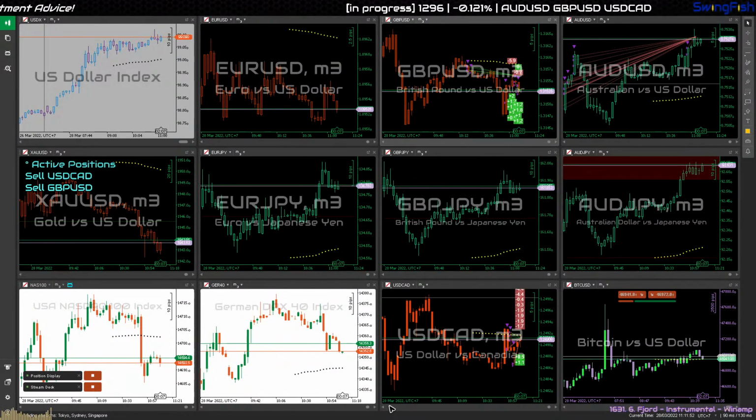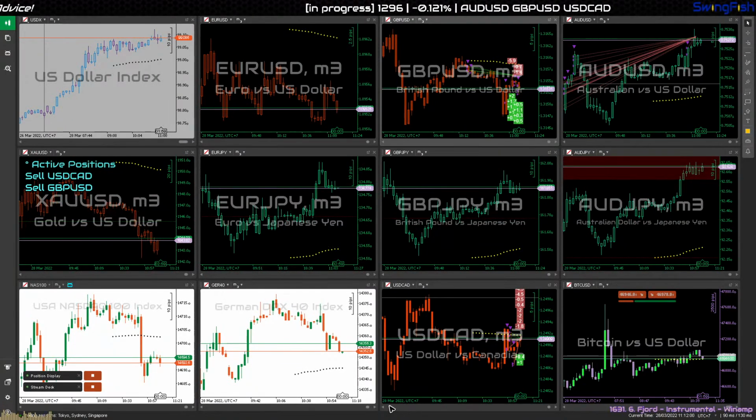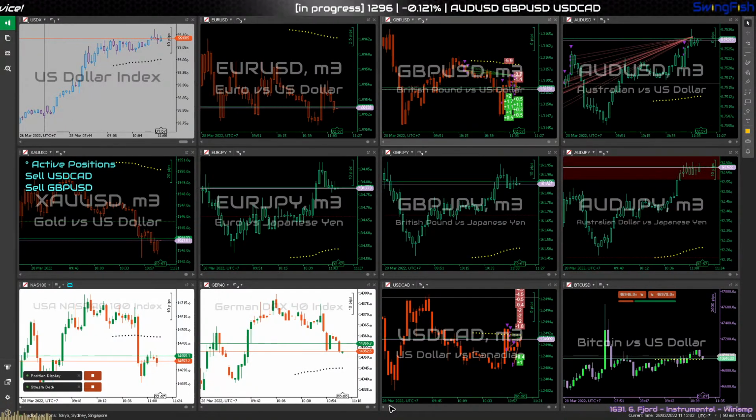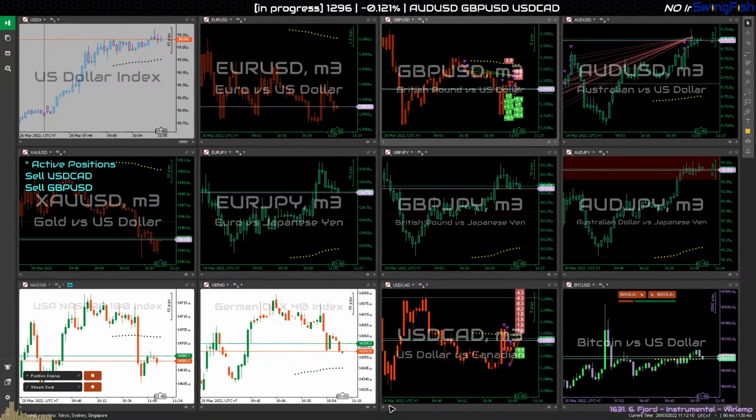Actually, if dollar CAD breaks, I'm going to long it on the retest. Because there was solid momentum, like long candles going down and short ones upwards, and then it hit the bottom, and now all of the bull candles seem to be pretty strong and the bear candles are pretty short.